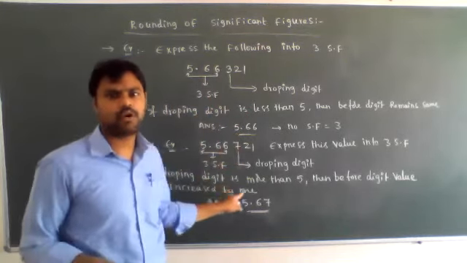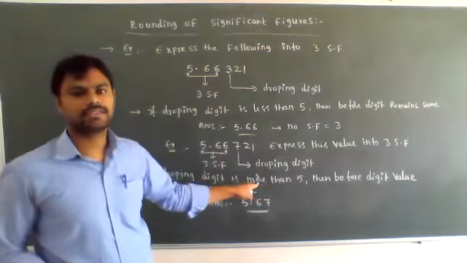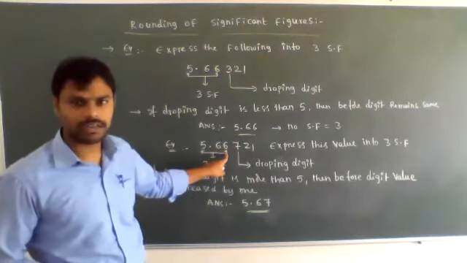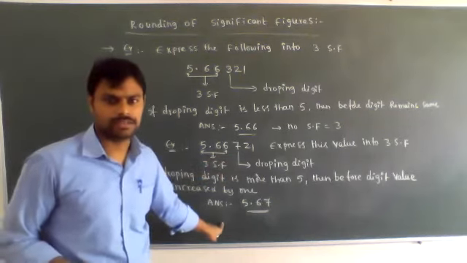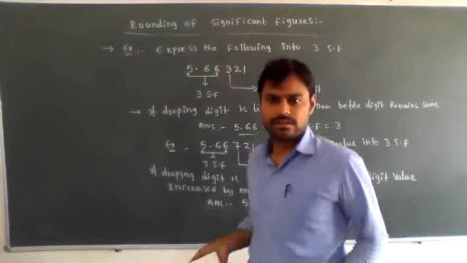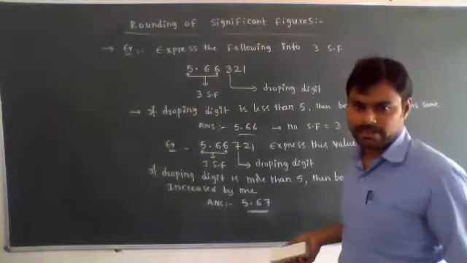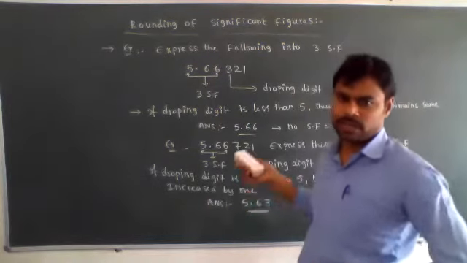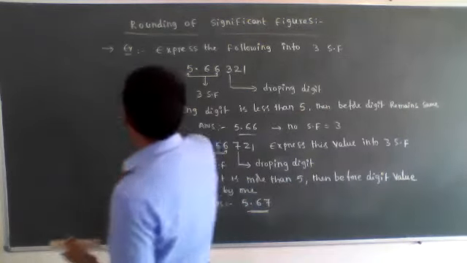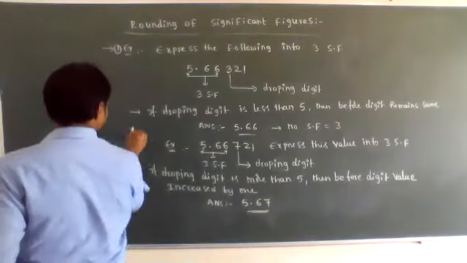If the digit is more than 5, then you increase the before digit by 1 and the final value comes. Those are the rules. First two rules, these two you have to remember, 1 and 2.